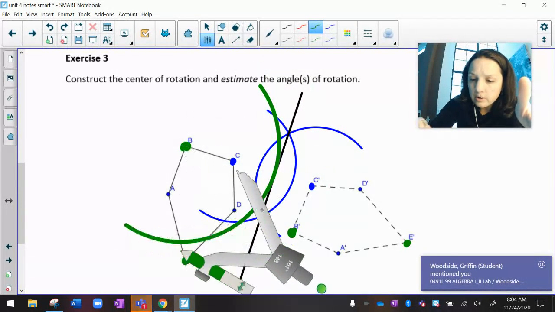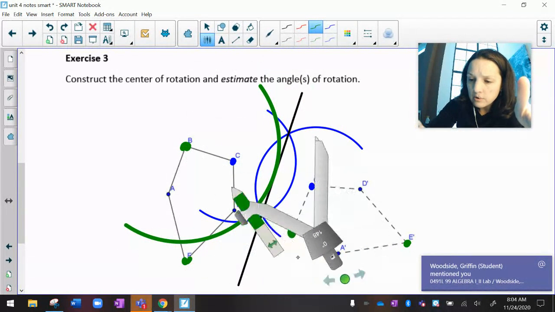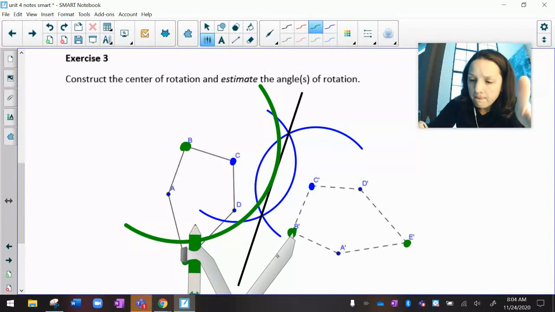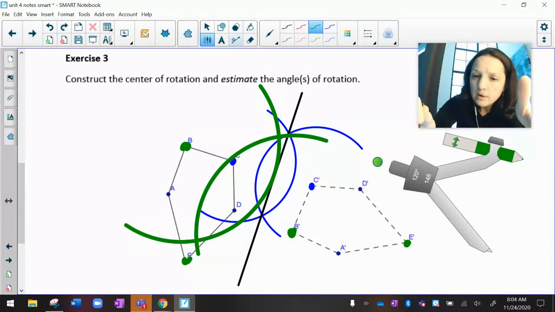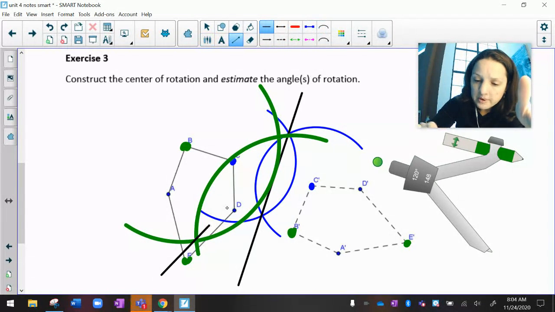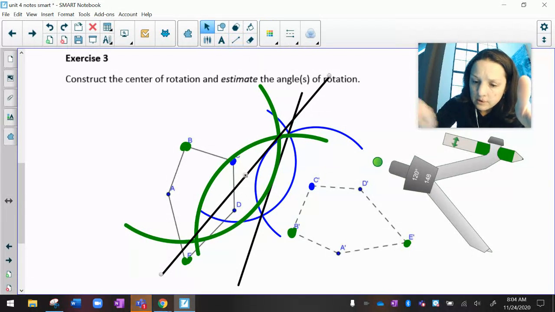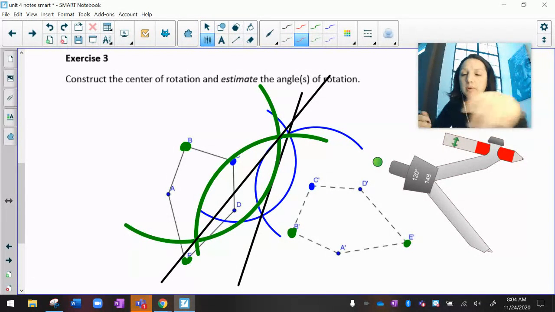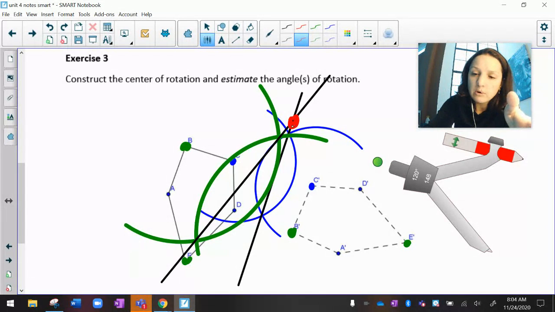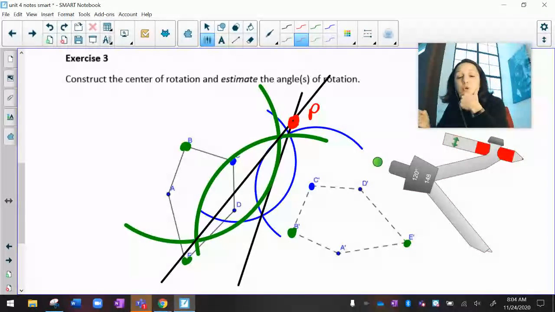Draw an arc here. Draw an arc here. Draw the perpendicular bisector between them. Mine's a little off, so let me fix it. There we go. And where those 2 perpendicular bisectors meet, which is right here, that's the center of rotation.